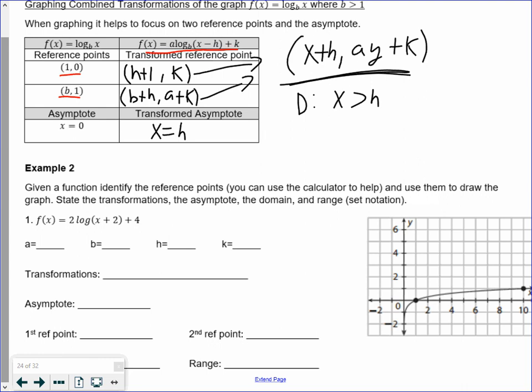And for the range, our range is always going to be all real numbers, from negative infinity to positive infinity. For a logarithmic function where we're not dealing with horizontal reflections, which we don't in this class, our domain is always going to be x is greater than h.